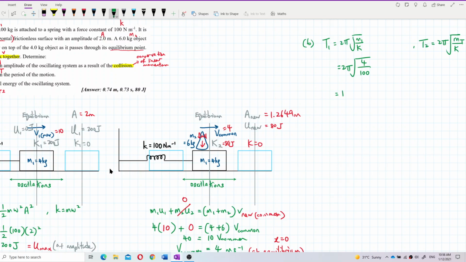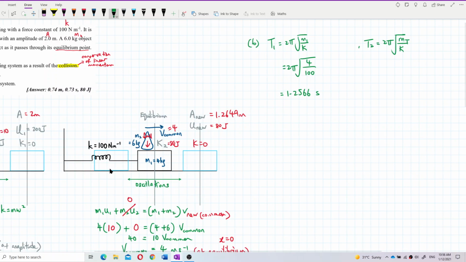So the initial period is 1.2566 seconds. And for the mass total, the second period, when they combine together, this one is actually mass 1 plus mass 2, combined. The spring is still the same, K 100.